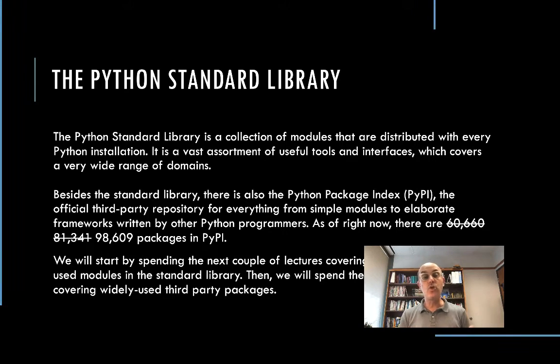Besides the standard library, there is also the Python Package Index, or PyPI, which is the official third-party repository for everything, from a simple module to a more extensive framework written by other programmers.